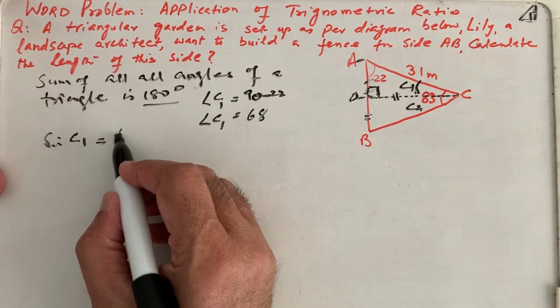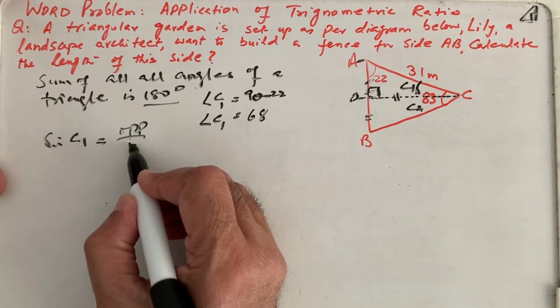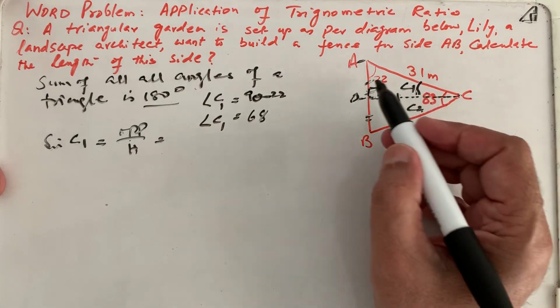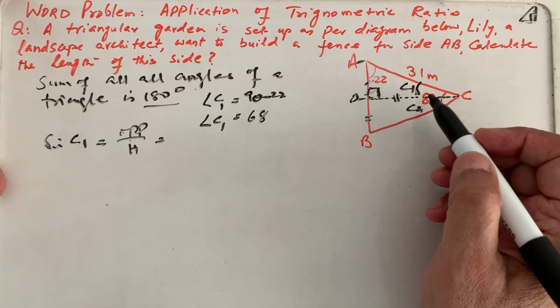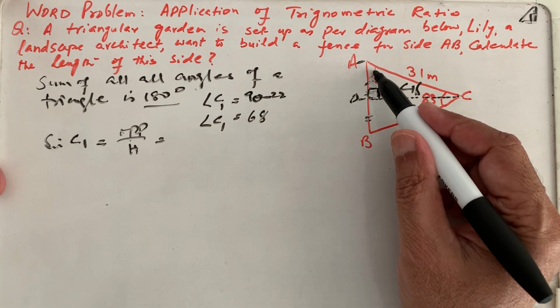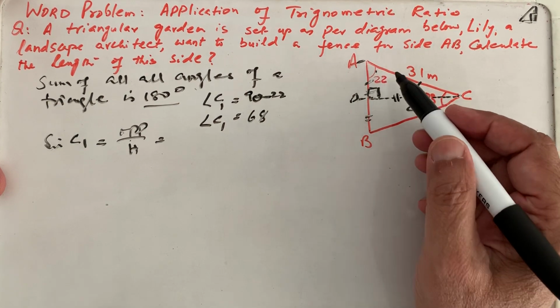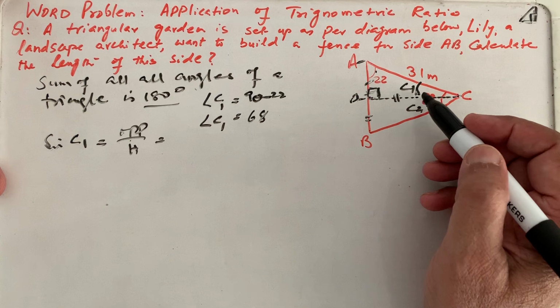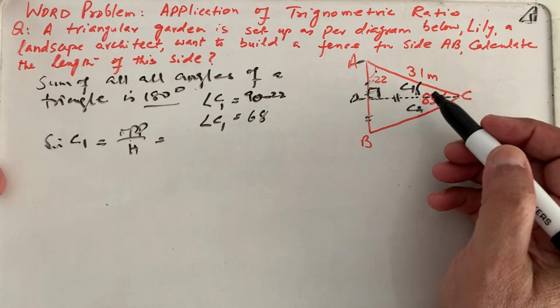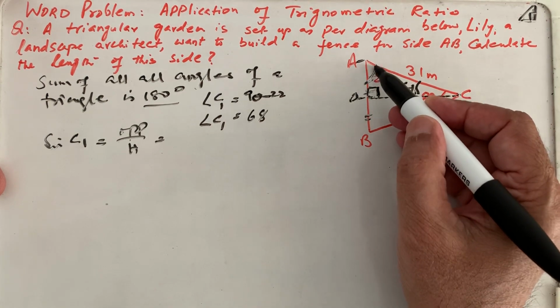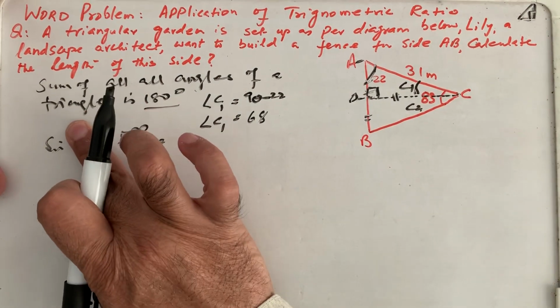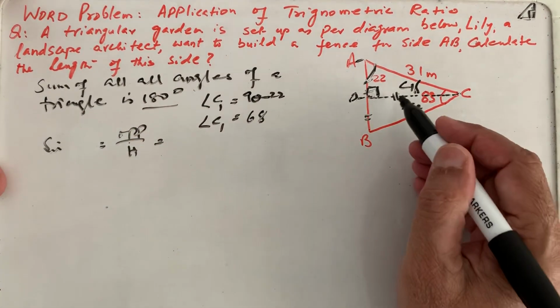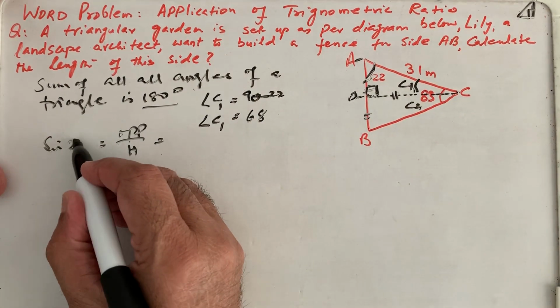For this triangle, we can take sine of this angle, sine 22, instead of sine C1, because C1 is what we have to find out. So I take sine 22.